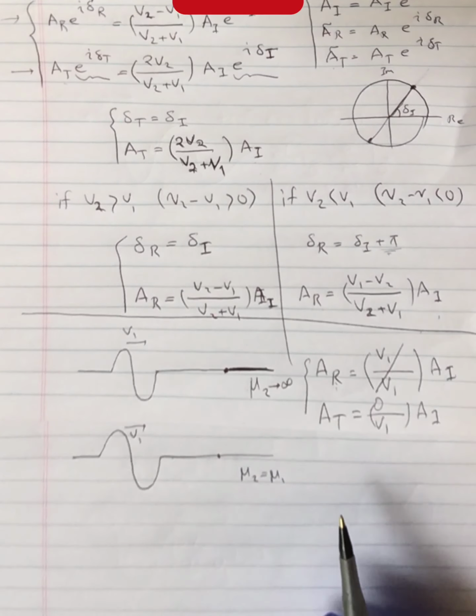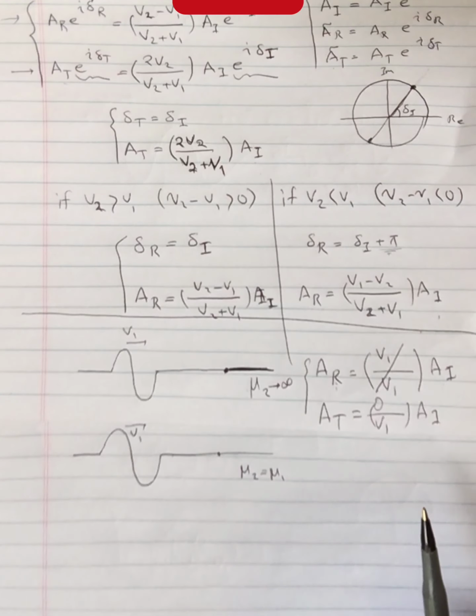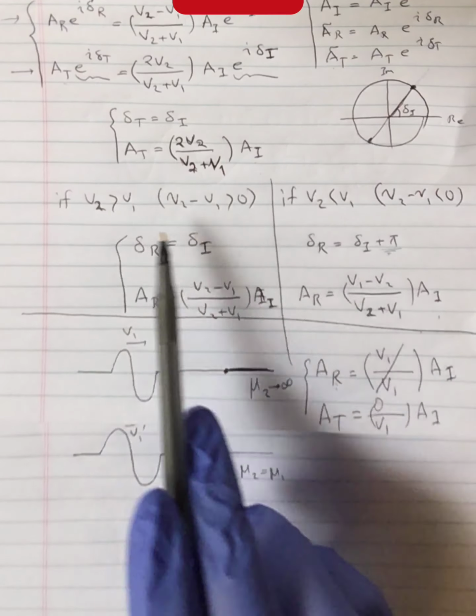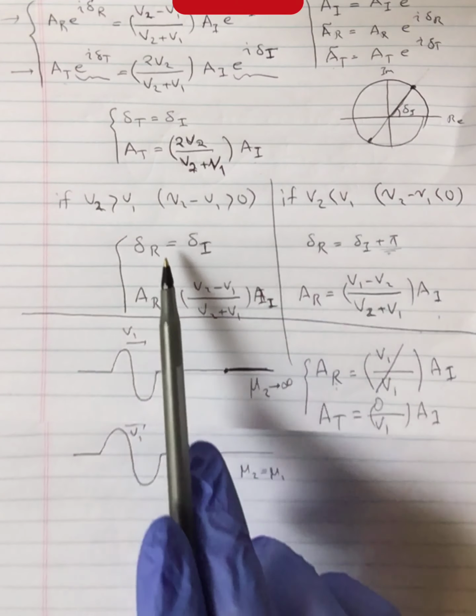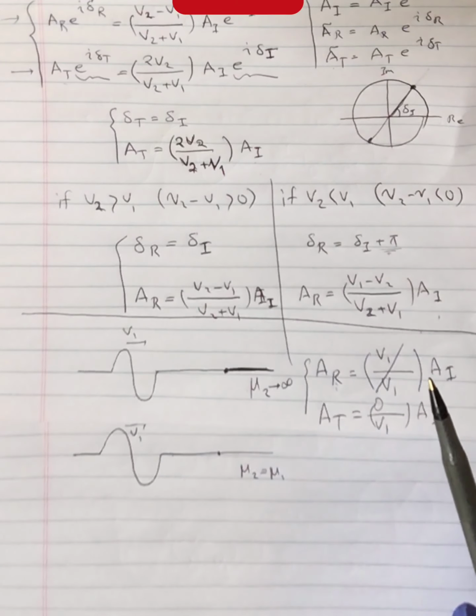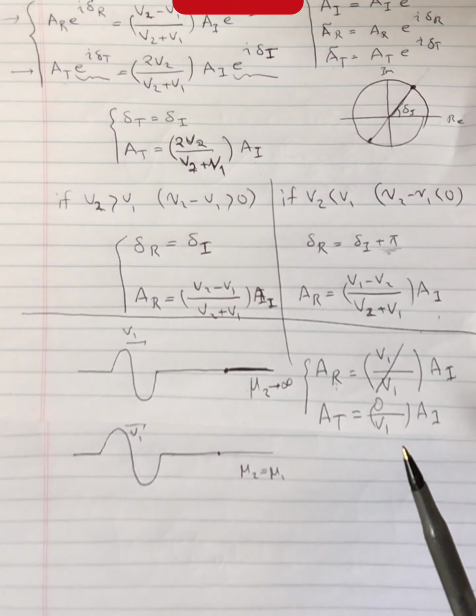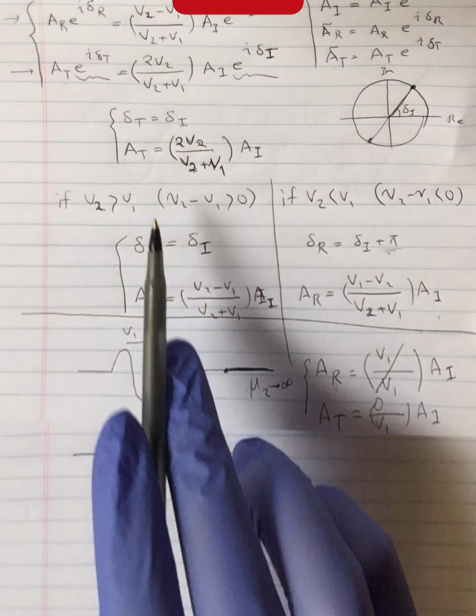Let's look at the mathematics. It doesn't really matter which route I go, because V1 is equal to V2, and it should work out. Let's first look at the transmission.